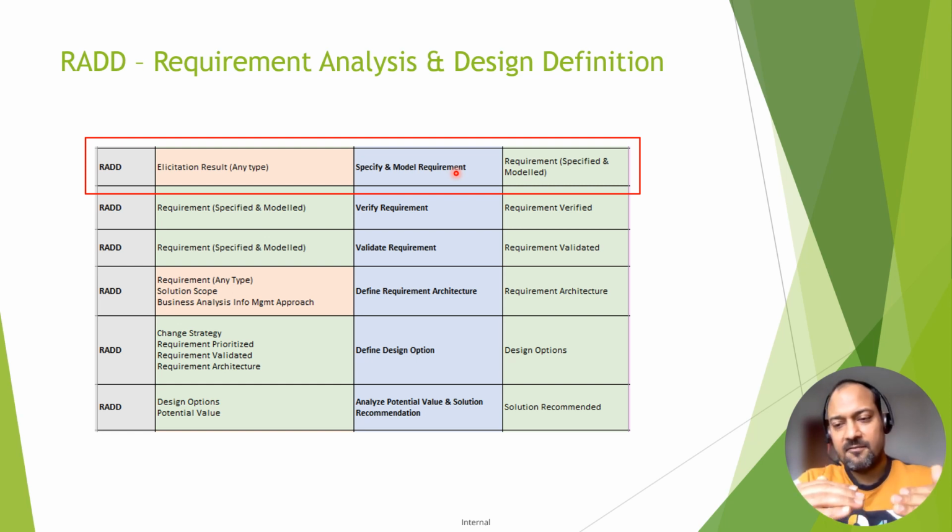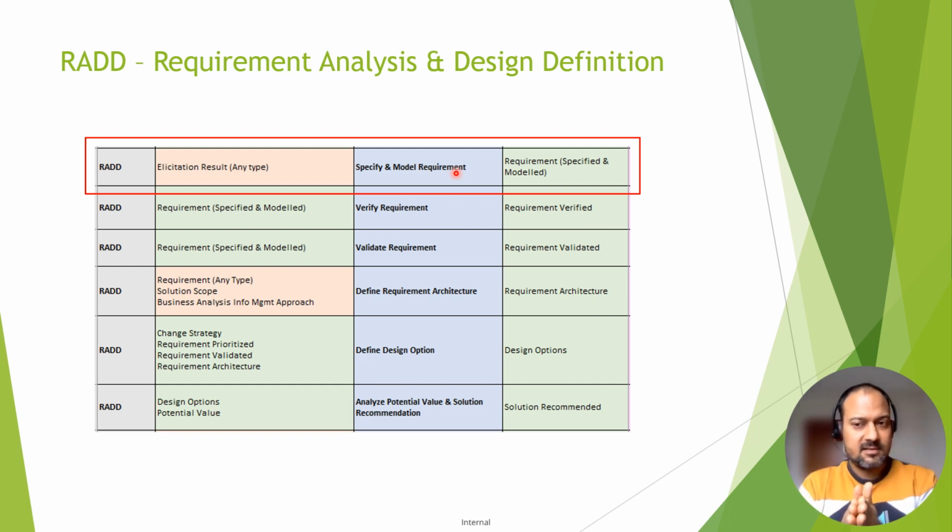If both these tasks go parallelly, the chances are very high that requirements are verified and validated then and there without any discrepancy. But if you do elicitation one way, and then once it is done go with specify and model requirement in later stages, there are more chances that whatever elicitation results or requirements you come with may vary from the solution.